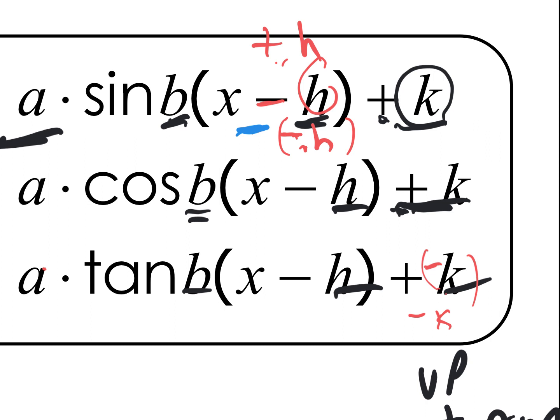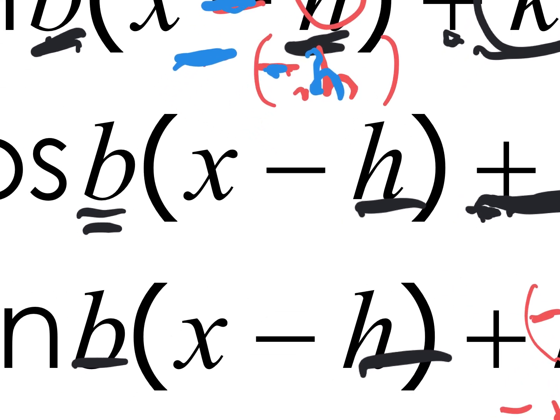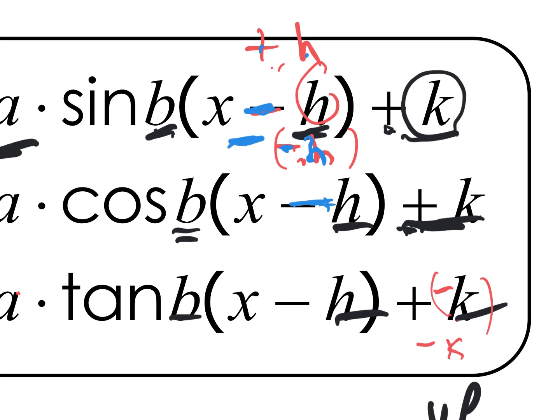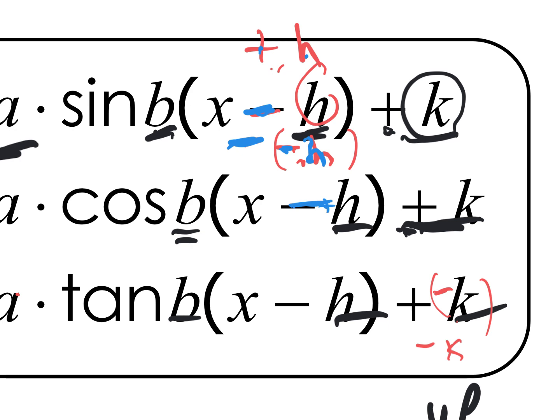Positive. Remember before, even with all the other functions we had done, the number inside the parenthesis, we always think the opposite. It's because there's always a negative built in. But if the H is negative, what happens? Those two negatives turn into positive. So you're still going to go left. Now, if your H is positive already, then negative of a positive is still minus. That's how you know you'll go to the right.